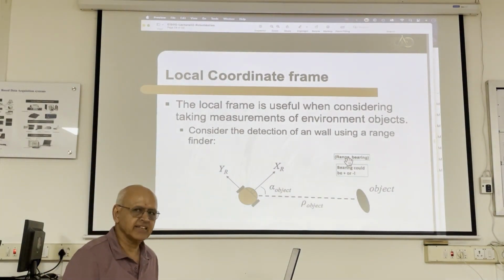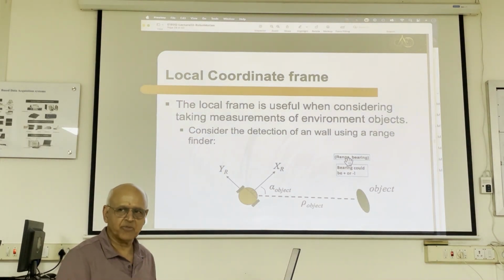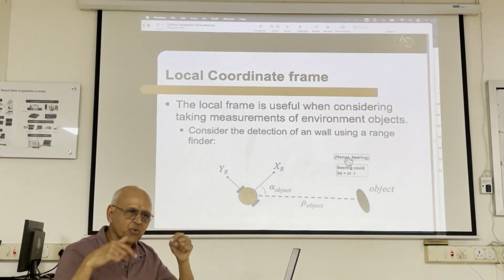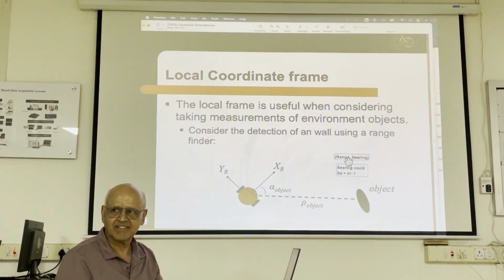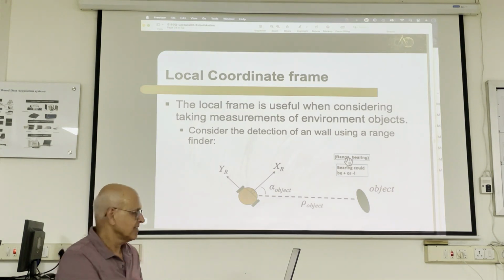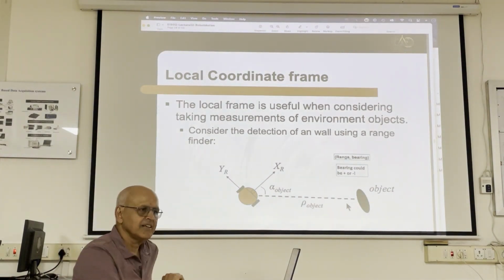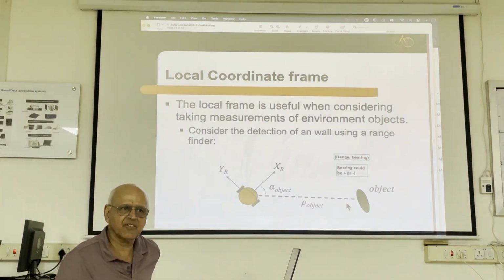So range and bearing is a natural way to see something from your perspective. Except that if you want to put it on the global frame, you have to first convert it to X and Y on your robot axis. We'll see how to do that. So range and bearing. So this is the range. Range cannot be negative. It's always a positive number.